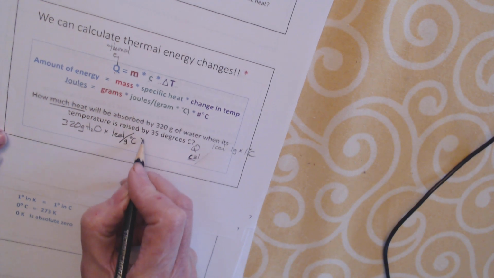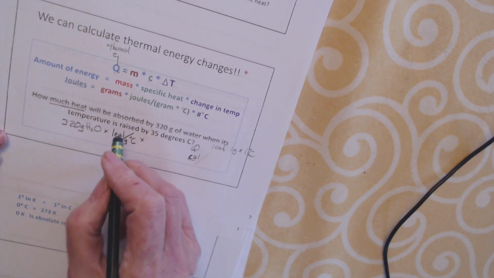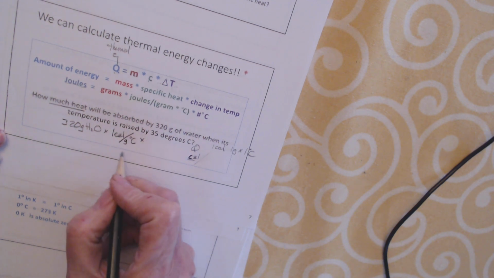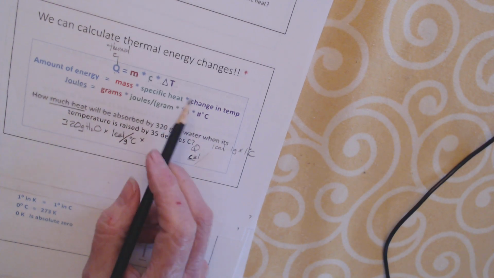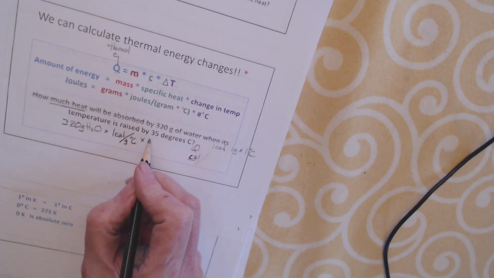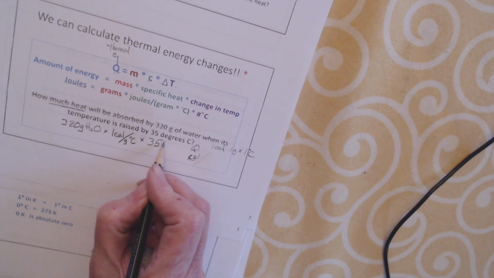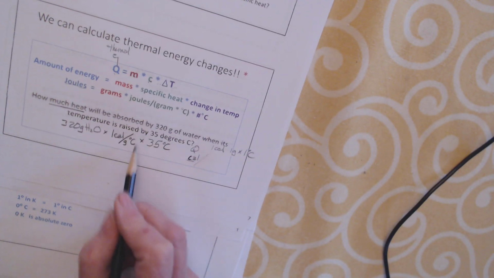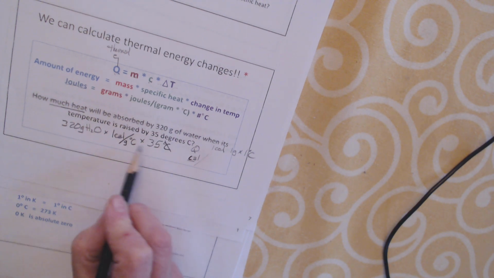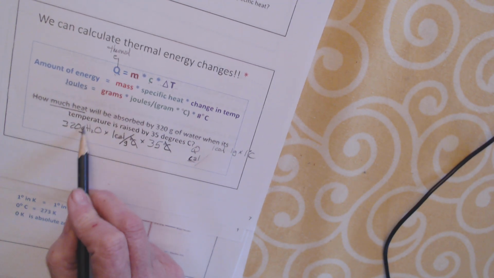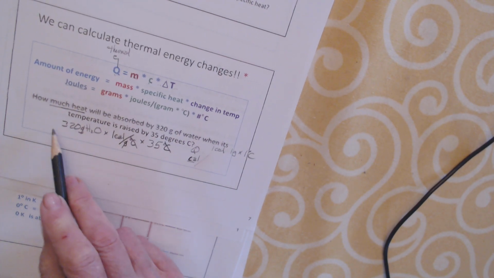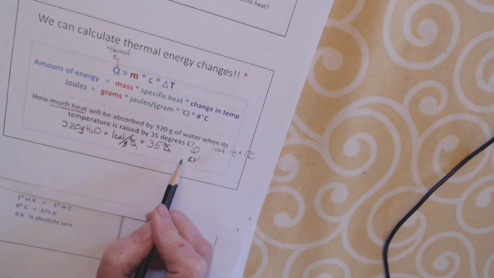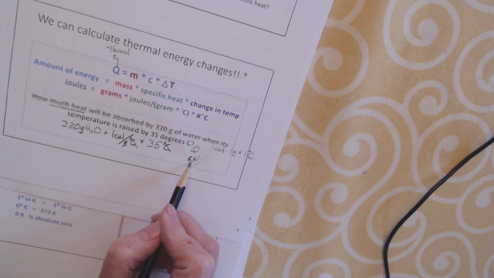It looks like it says 1 eel, but it's 1 cal. And then 35 degrees centigrade. When I come up with that, I will see that my degrees centigrade cancel out, my grams cancel out, and I'm left with 320 times 35, and that will be the number of calories involved.